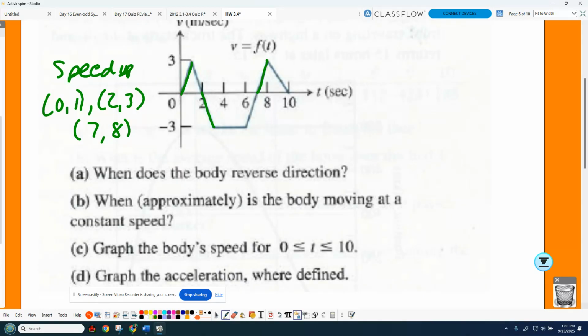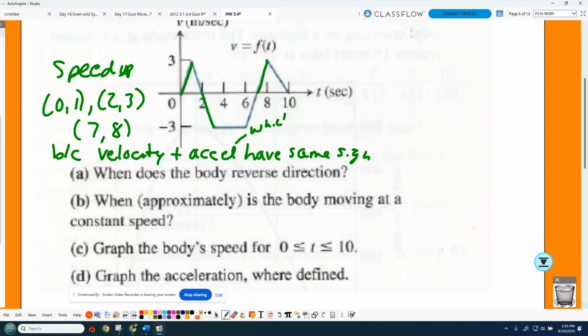Yassine? Because velocity and acceleration are the same sign. And, by the way, if I didn't say it earlier, acceleration is the slope of velocity, cool.